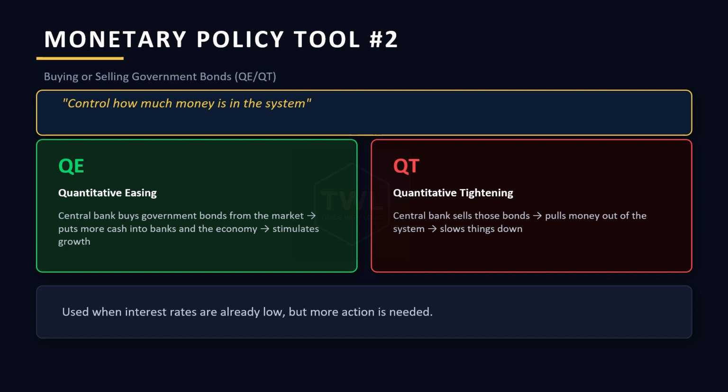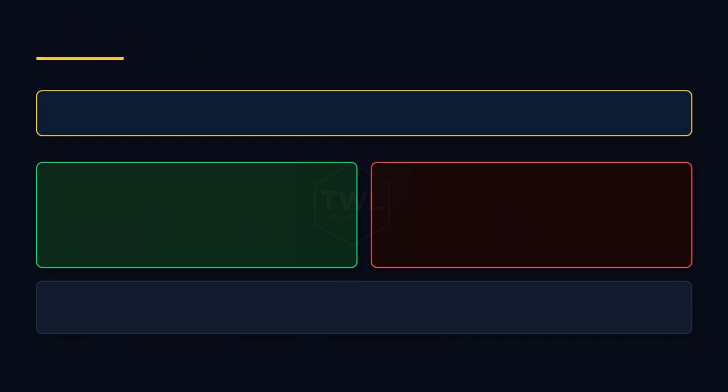QE is like someone blowing more air back into it, encouraging growth. QT is the opposite. The central bank sells those bonds back, pulling money out of the system, like slowly letting air out of that balloon on purpose to cool things down. Central banks usually use QE when interest rates are already very low, but the economy still needs more help.